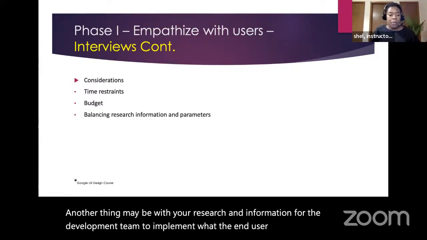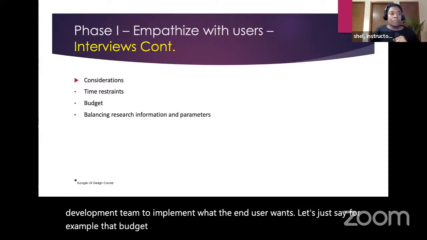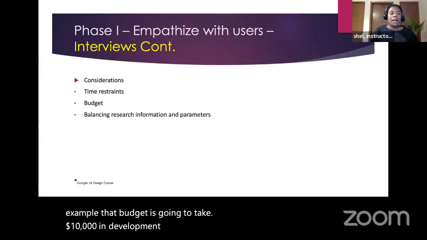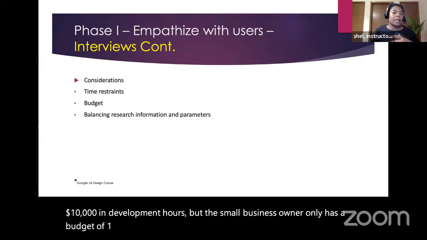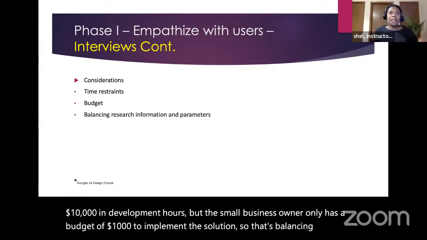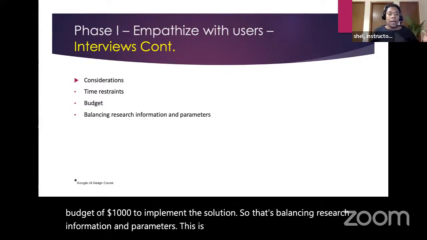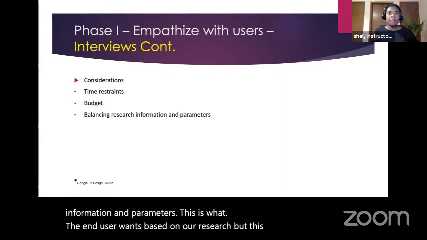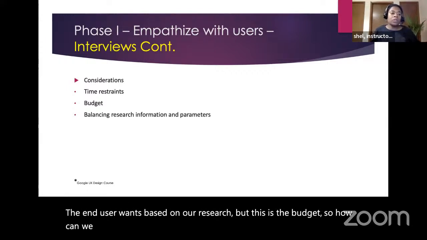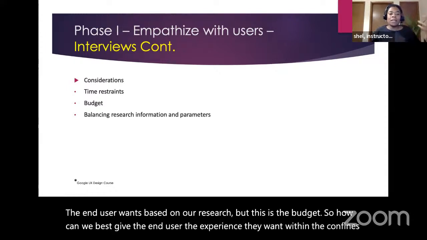Let's just say, for example, that it's going to take $10,000 in development hours, but the small business owner only has a budget of $1,000 to implement the solution. So that's balancing research, information, and parameters. This is what the end user wants based on our research, but this is the budget. So how can we best give the end user the experience they want within the confines of the budget that has been presented to us?